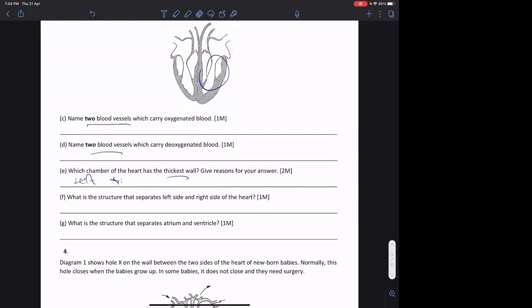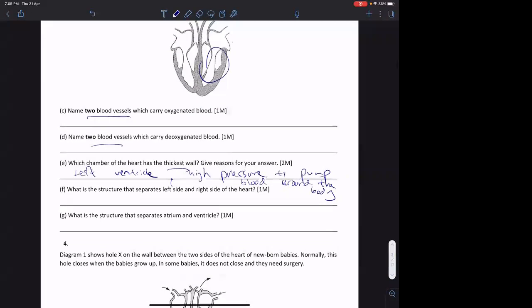Give a reason: because you need high pressure to pump blood around the body.